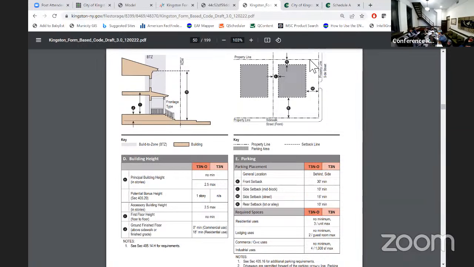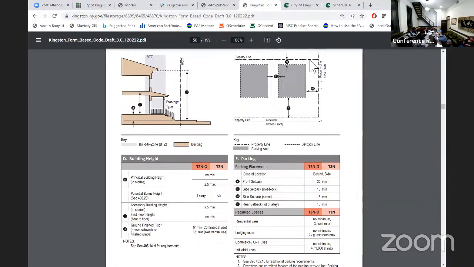So what are our options? Either ask to have the T3 zones reworked, or you could look at adding another T3 transect, or, like you said, reworking one of the current T3 transects.